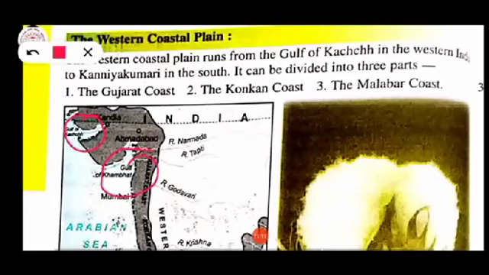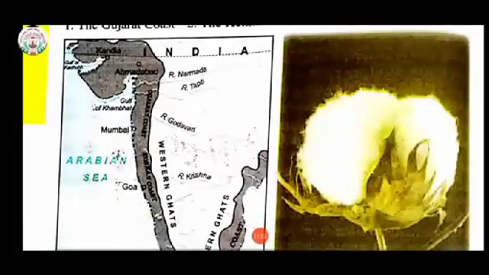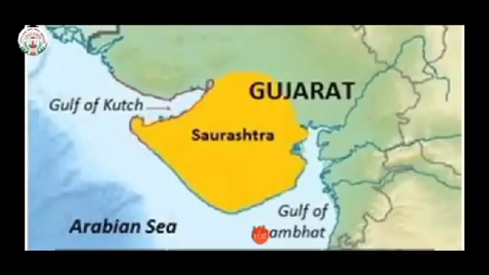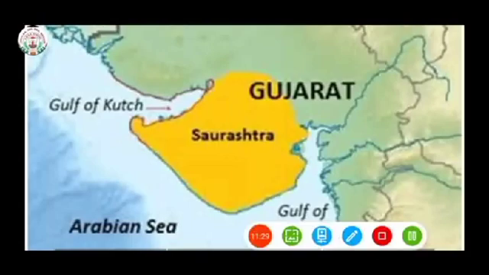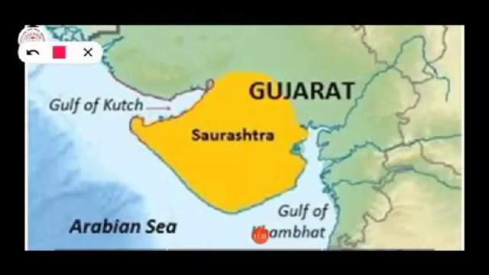Now you should know what you mean by Gulf. A gulf is a part of the sea almost surrounded by land. Let me show you the picture of a gulf. You can see here it is a part of the sea almost surrounded by land.